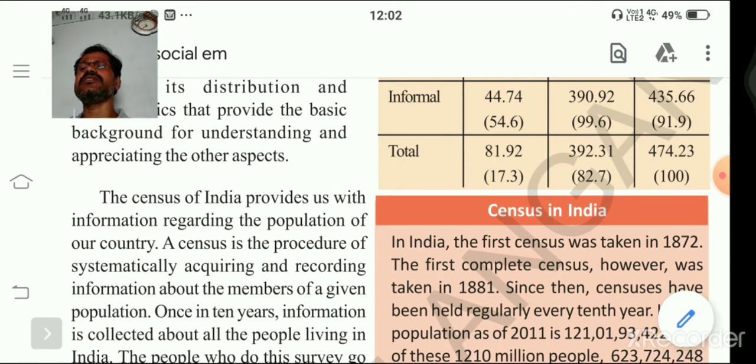So, a census is the procedure of systematically acquiring and recording information about the population. That is what we call census, and it is taken every 10 years. Once every 10 years, the census is calculated. Okay, that is what we call census.